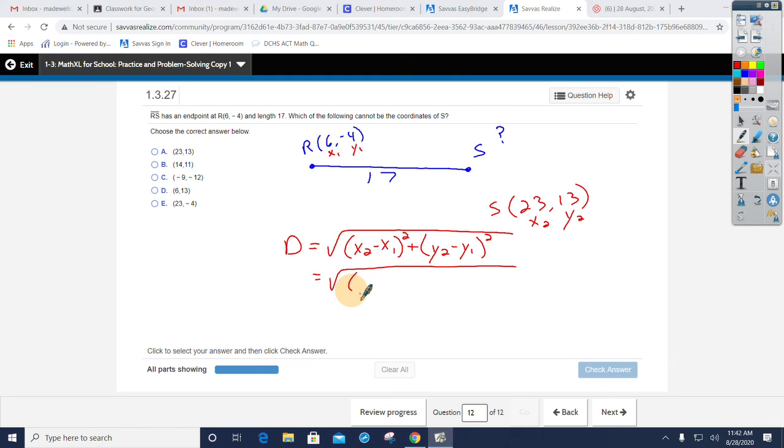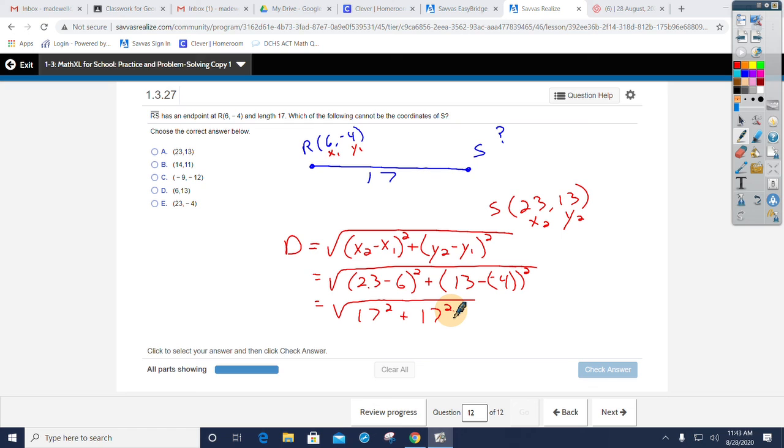So this one, x2 minus x1, that would be 23 minus 6 squared plus, and then y2 minus y1, that would be 13 minus -4. Okay, so let's simplify that a little bit. So work out what's in parentheses. You got 23 minus 6, that's going to be 17 squared, and plus, here 13 minus -4, that'd also be 17 squared.